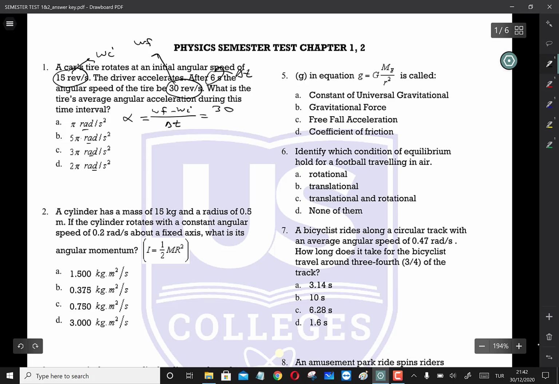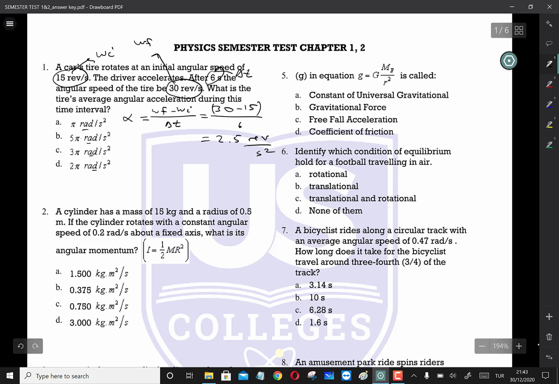Final is 30, initial is 15, divided by 6. 30 minus 15 is 15, and 15 divided by 6 is equal to 2.5 revolutions per second squared.